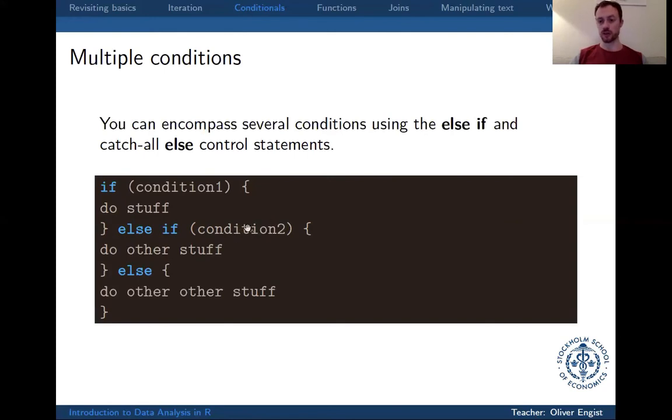If the second condition is true, we will execute the code inside. If this one isn't true either, we will just execute the code that follows the else statement. So in this case here, we would always execute one of these three chunks of code, because else will capture all the cases where neither the first nor the second condition were true.